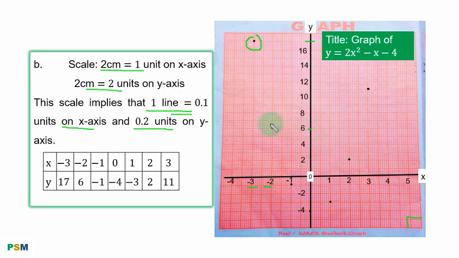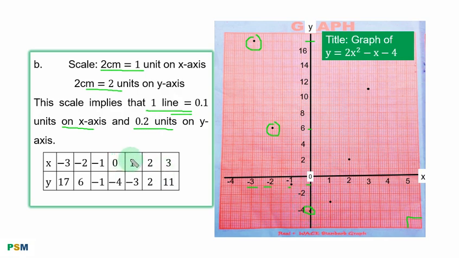You mark the point of intersection. Minus 1, that is somewhere here. This minus 1 for y, minus 1 for s. This is the point of intersection. You have 0, minus 4. When s is 0, y is minus 4, you mark that point directly on the y-axis.